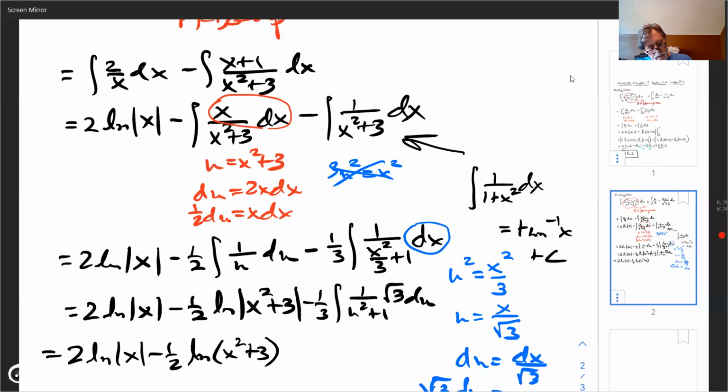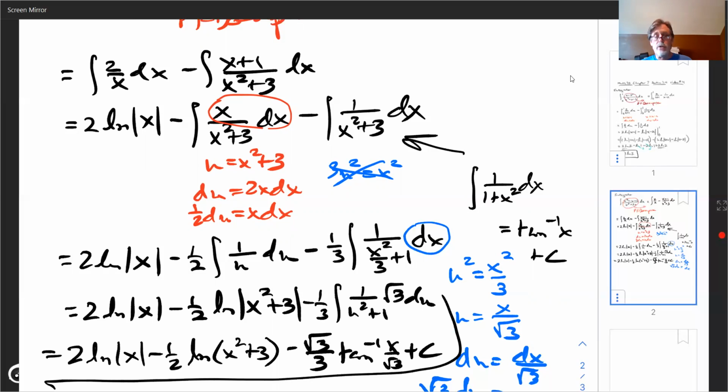And then minus, watch this, radical 3 over 3 times arctan or tan inverse of u. And u is what? It's x over radical 3. I'm saving ink. x over root 3 plus c. And that's your final answer right there.